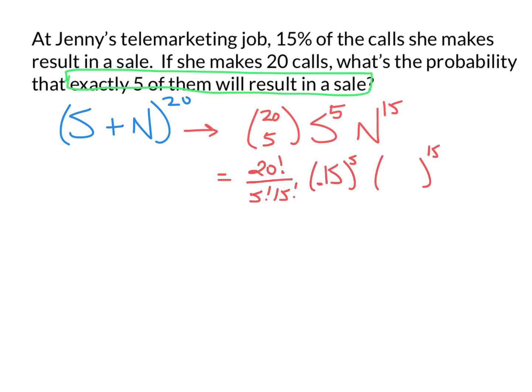And our not sales probability then would be 0.85. And really, at this point, you've got to use your calculator to help you out. And when we calculate all of this, we end up with 0.1028, which means about 10.2% of the time she'll get exactly 5 sales when she makes 20 calls.